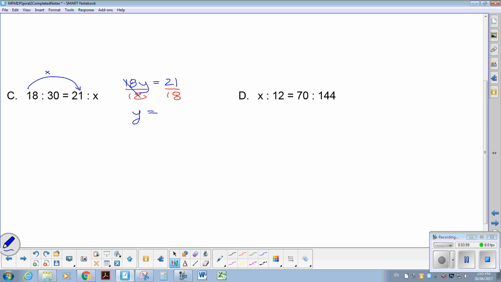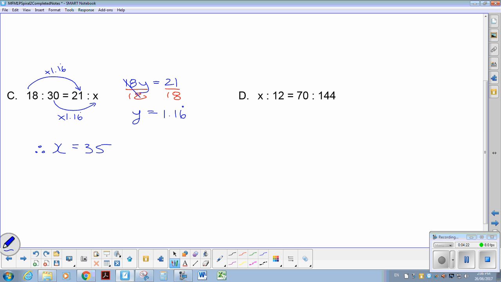And 21 divided by 18 is 1.16 repeated. So 1.16 repeated will give me that answer. So that means that 30 times 1.16 repeated will give me my x value. So 30 times that factor is an even 35.